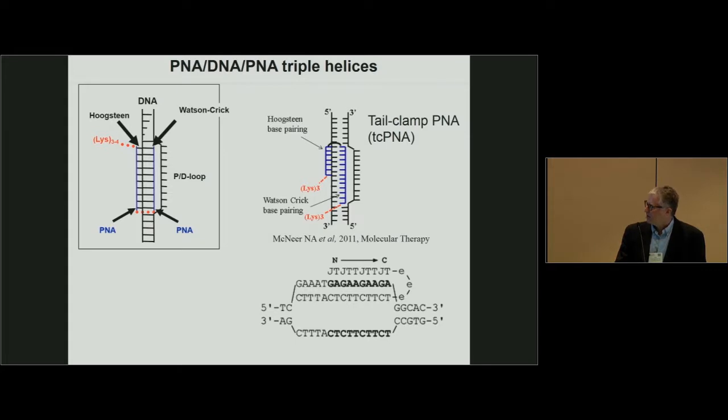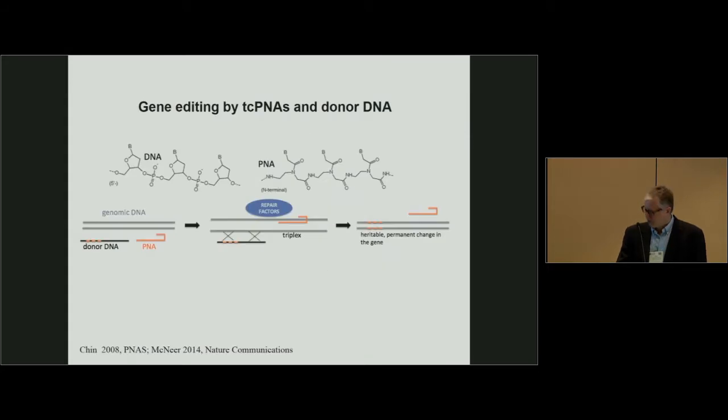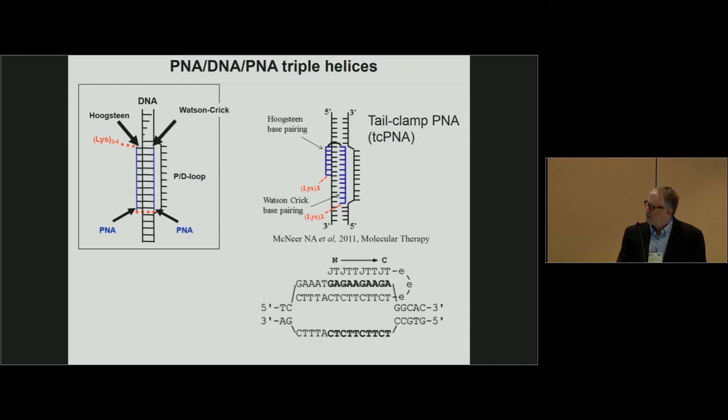We call this a tail clamp design, and this helped improve the specificity and the binding affinity, and was also based on work out of the labs of Peter Nielsen and David Corey. So you can see at the bottom there how the sequence might line up, and you have a little linker region to connect the two domains, the Watson-Crick and the Hoogsteen, to form the tail clamp.